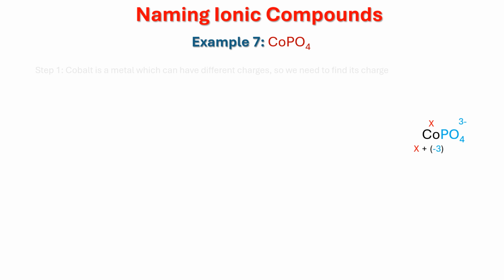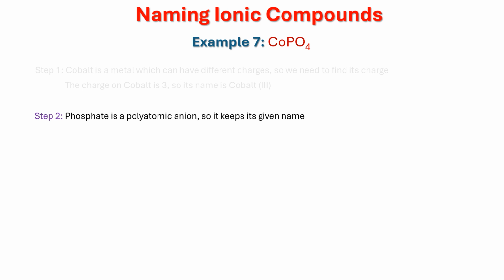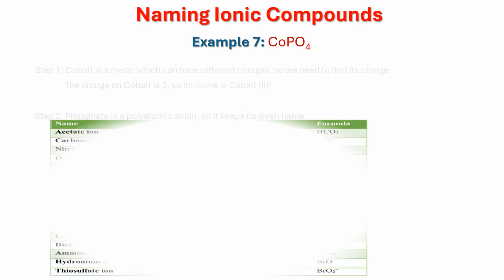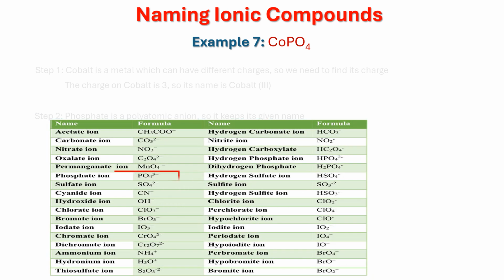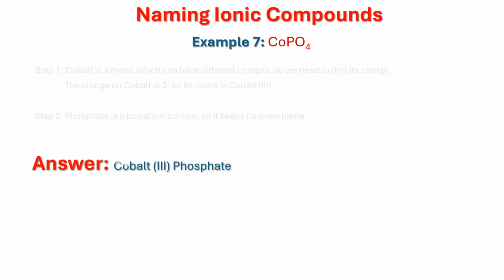And we need to solve for X. X is equal to 3, so this is the charge for cobalt. So in this example here, cobalt has a positive 3 charge. And phosphate is a polyatomic anion. Look it up here with a negative 3 charge. And the name for this compound is cobalt(III) phosphate.